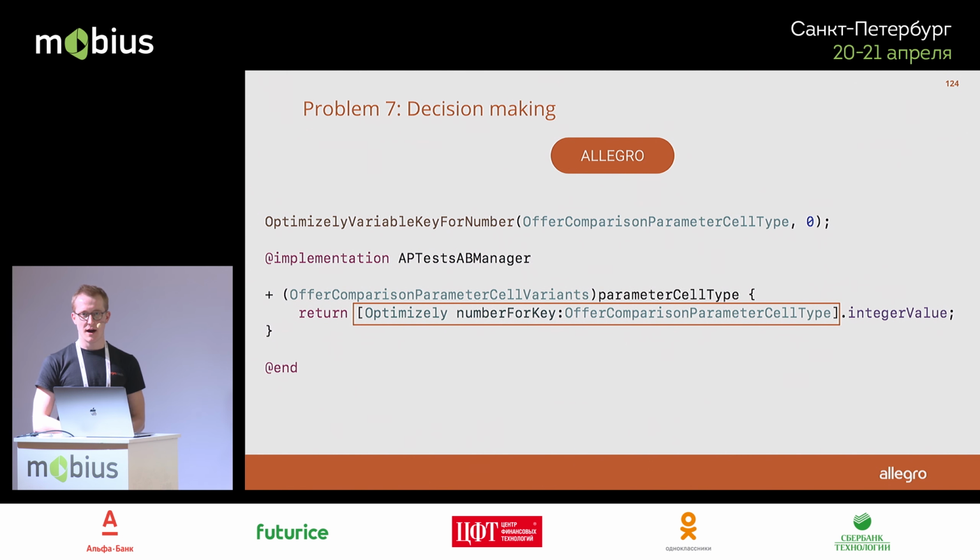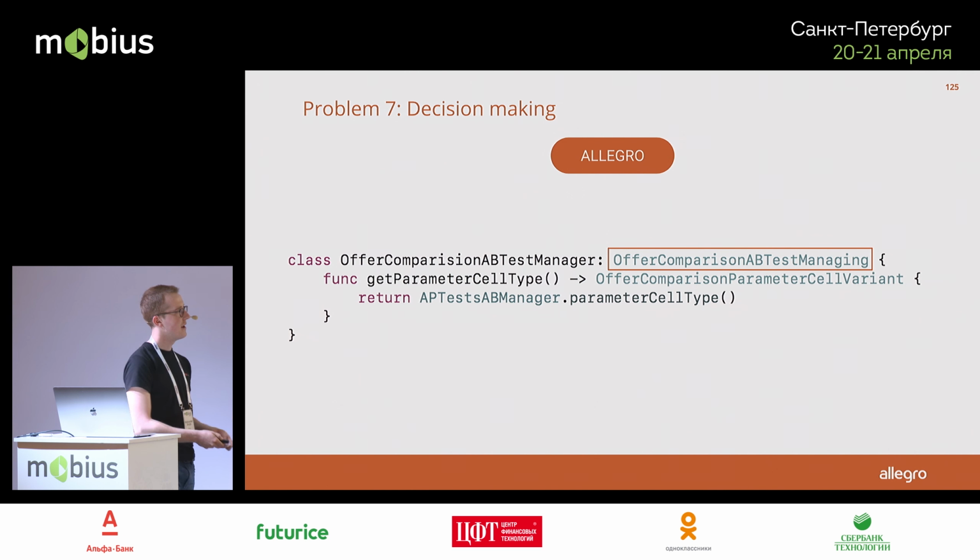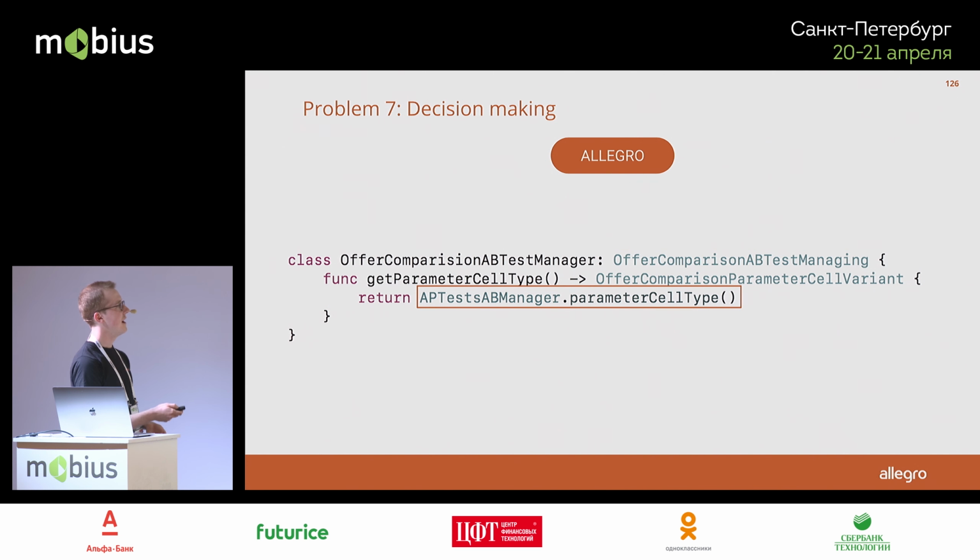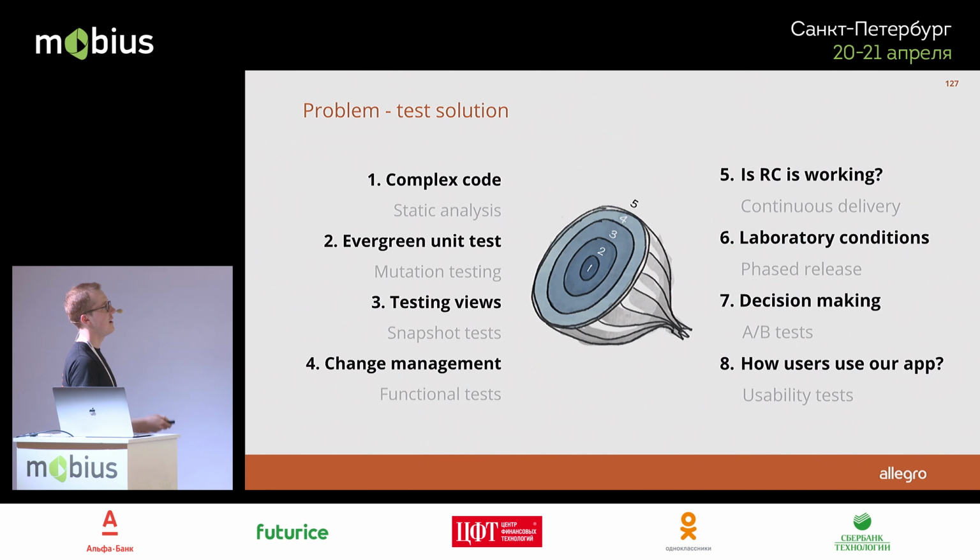And in our main Allegro app target, we are using the third-party Optimizely framework to get the desired variant type. And we create an object that implements this protocol defined in the offer comparison module, and we return the desired variant. And this is actually everything we need to do to support such an A/B test.